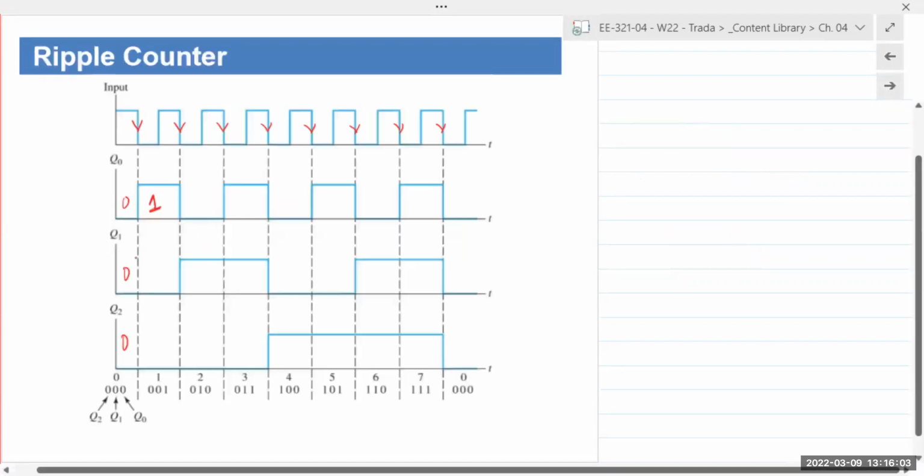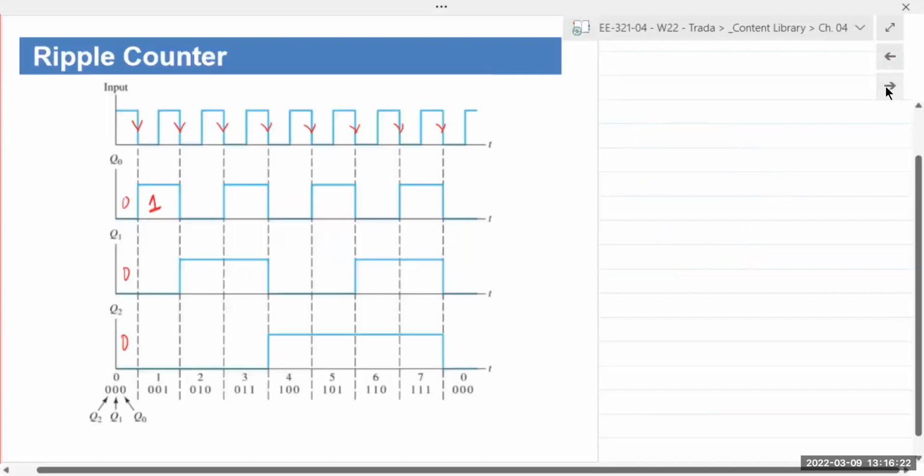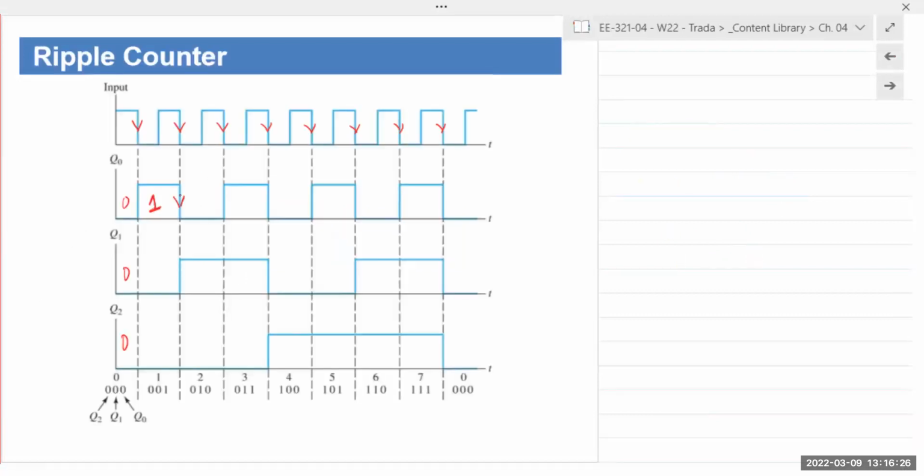So even though flip-flops 1 and 2 are activated in the first cycle, the input is still 0. If the input is 0, it's not going to do anything. It's just going to stay 0, because this doesn't go negative until here.